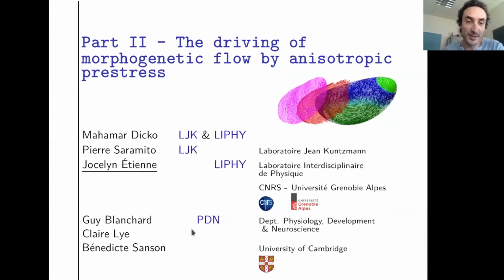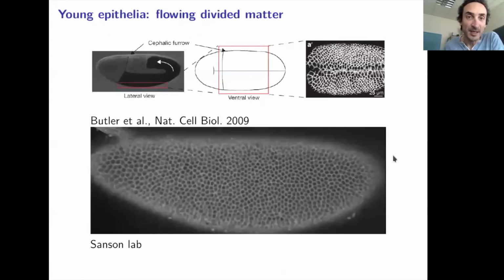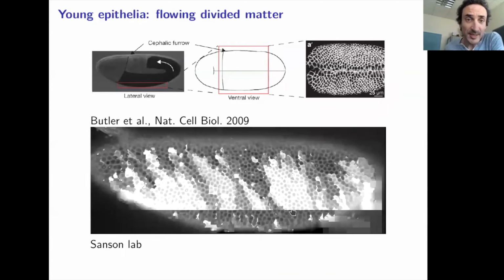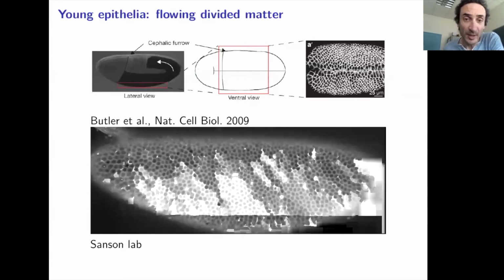So one is the group of developmental biologists in Cambridge, led by Bénédicte Sanson, who've actually justified the interest for this work. And the other is with Mahamar Diko, who was a PhD student co-supervised by Pierre Saramito and myself, in the Applied Math Laboratory in Grenoble.